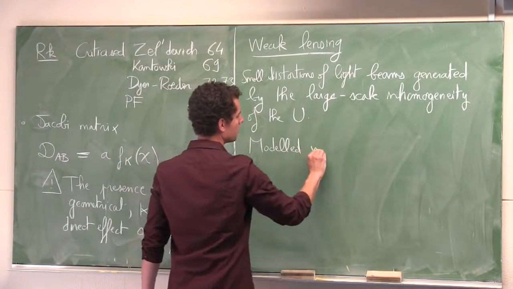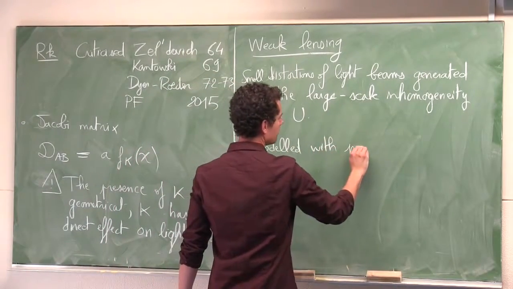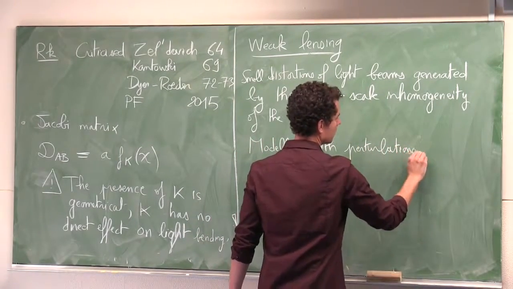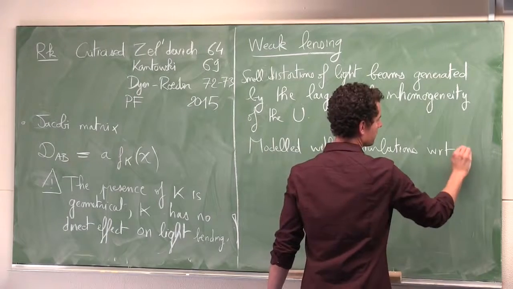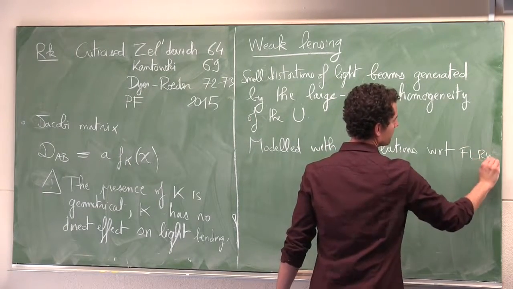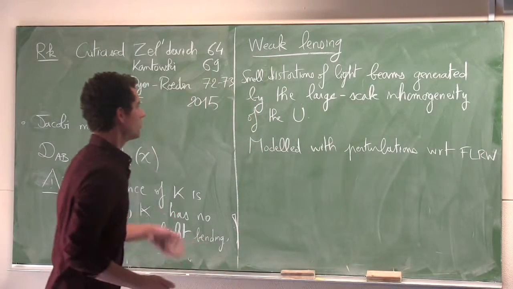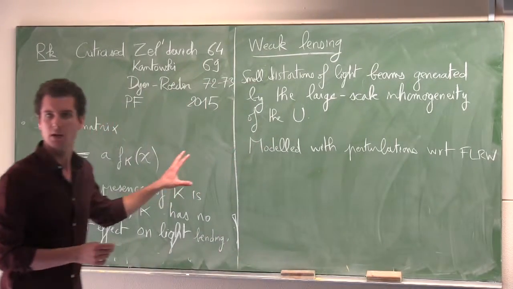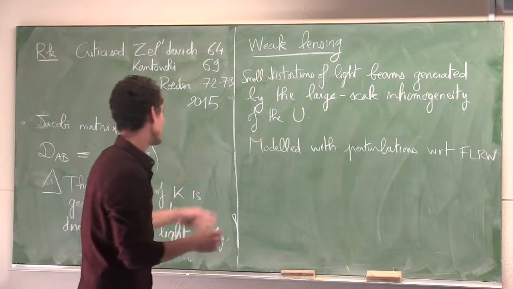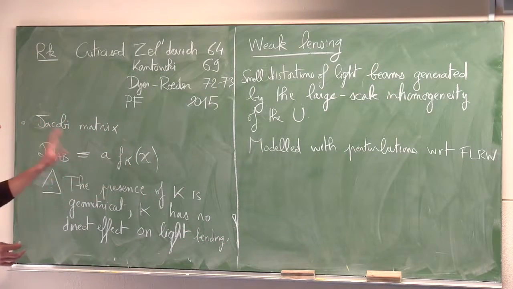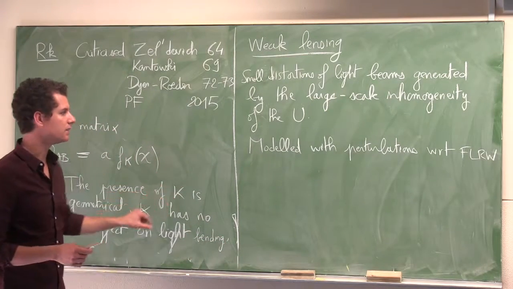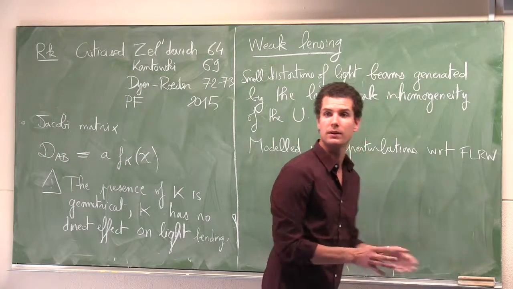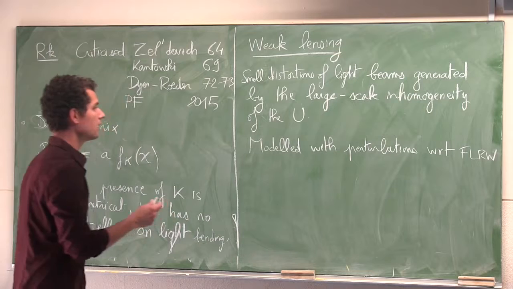I'm going to specify a model: I will consider from now on that k is 0, just for simplicity and also because it seems to be what is measured in the real universe.